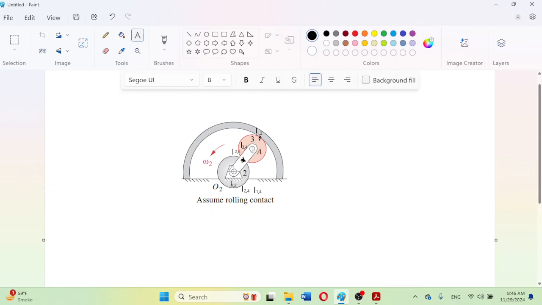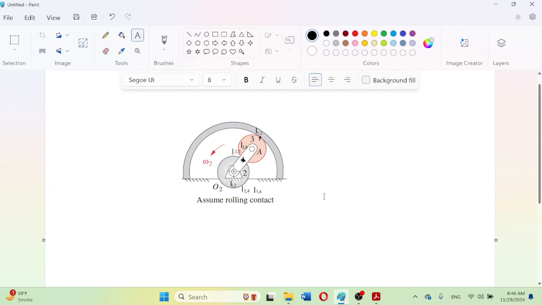This pin is actually moving, so link number 3 is in complex motion, and the contact here is behind this bar at this point. So these points are in pure rolling, rolling without slipping. So this is instant center I2,3 between link number 3 and link number 2. In this way all 6 instant centers have been found.